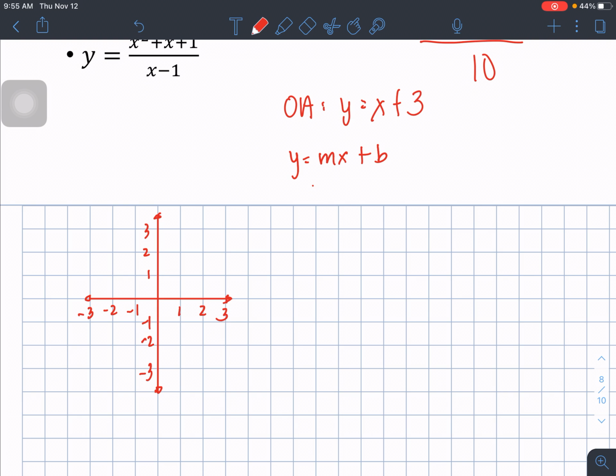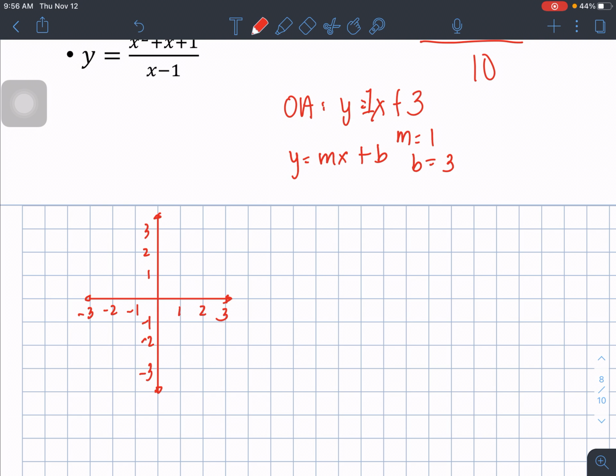So m is the slope and b is the y-intercept. So it turns out this y is equal to x plus 3, I have 1 here. The slope of this equation is 1, and the y-intercept is positive 3.